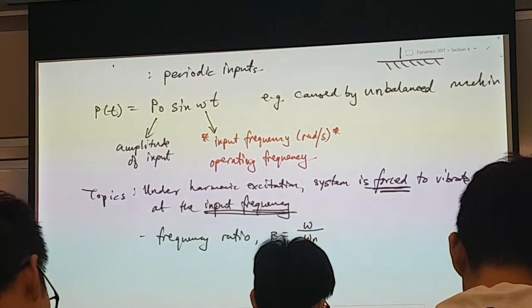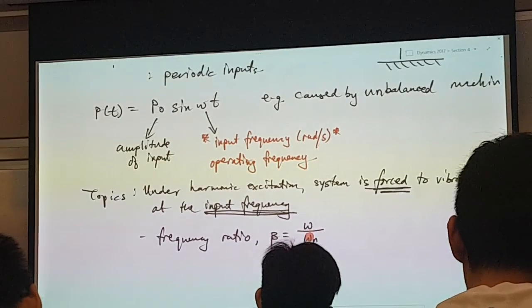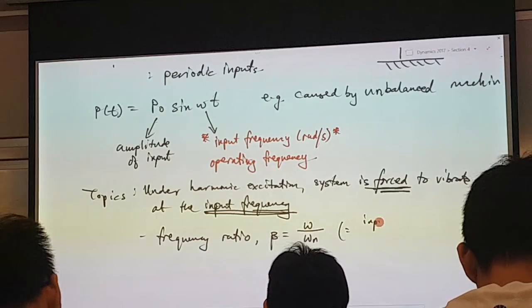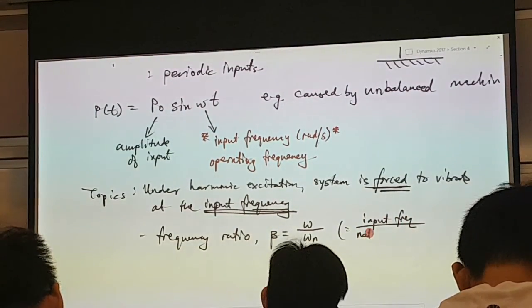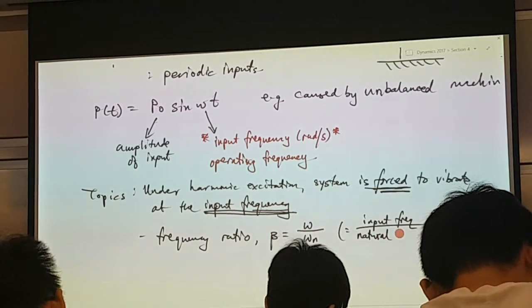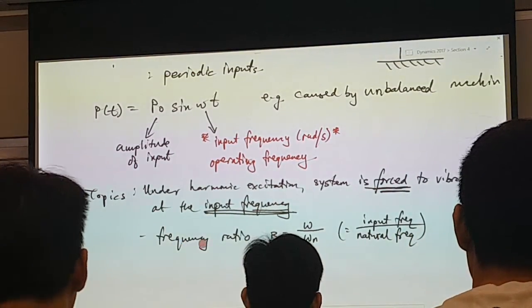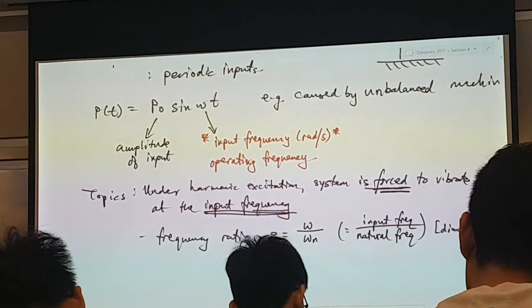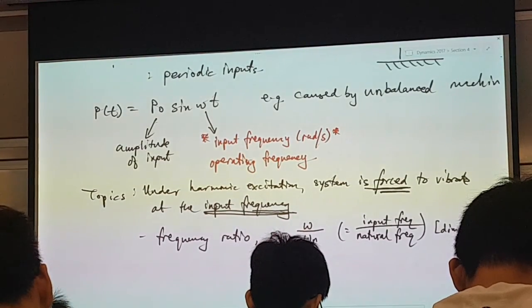Omega n is the natural frequency of the system. So this is the same as writing input frequency over the system's natural frequency. And frequency ratio is dimensionless. There's no dimension to this. So later on, you get to hear beta a lot.